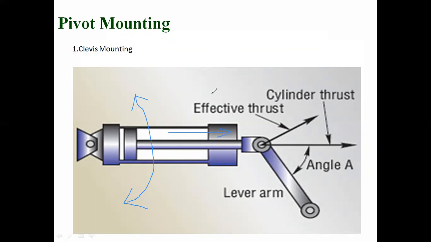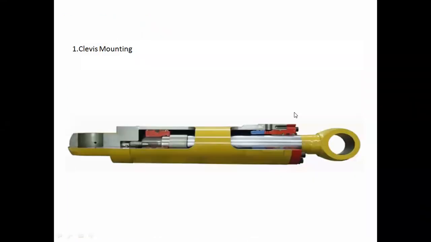It will reciprocate and rotate at a particular angle only. So this is your clevis mounting. At the end of your piston rod, the clevis is mounted, so we can fix this point to the pivoted portion so that it will reciprocate, sorry, rotate also at a particular angle. So this is the clevis mounting method.